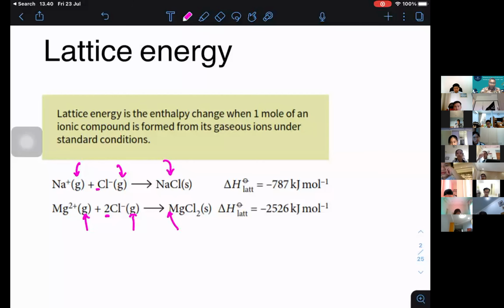Okay. So lattice energy is the enthalpy change when 1 mole of an ionic compound is formed from its gaseous ions under standard conditions.